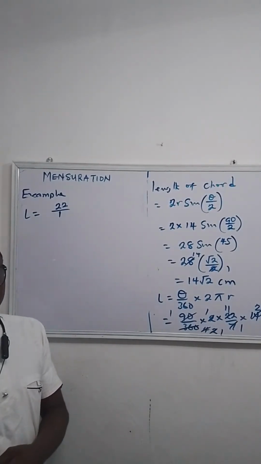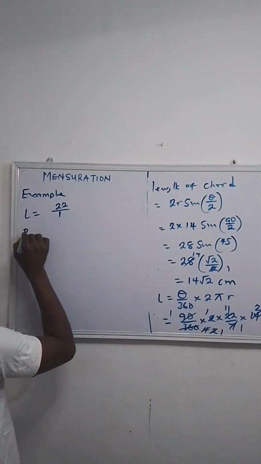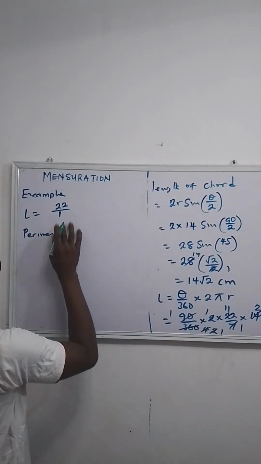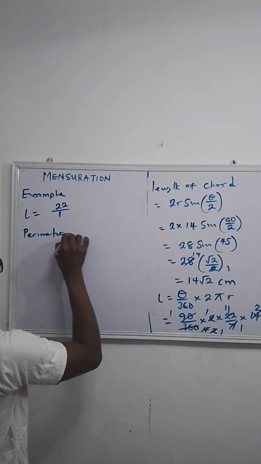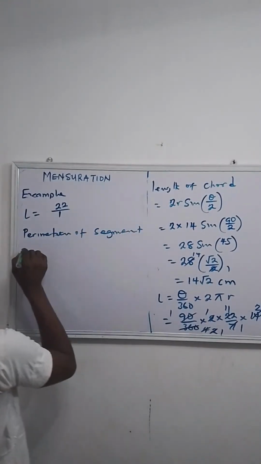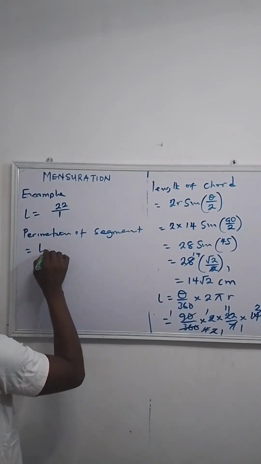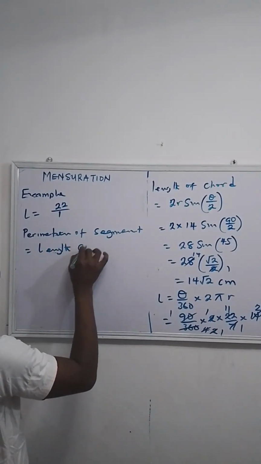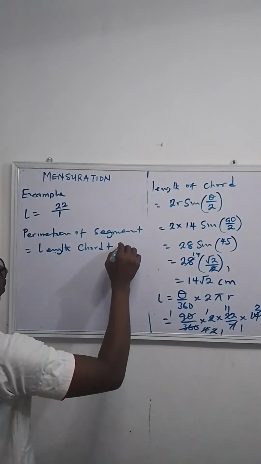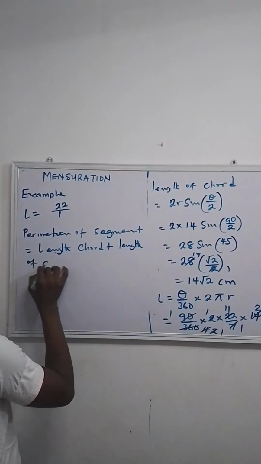Now, what's the next thing to do? Let's find the perimeter of a segment. Perimeter of segment equals length of chord plus length of arc.